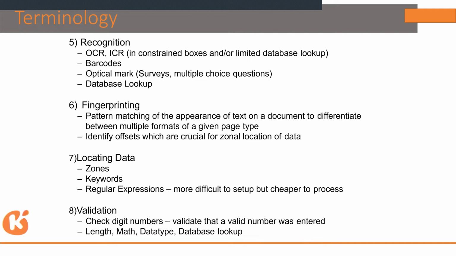But in keywords matching, you are trying to find the word first, then we get the data based on the keyword, for example from the right side. But using fingerprinting, you are just giving the position. In that position, it might have different data. It might be the right data, it might be wrong data. So that is the difference.